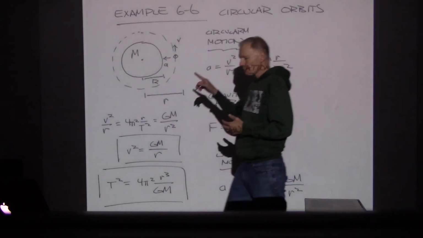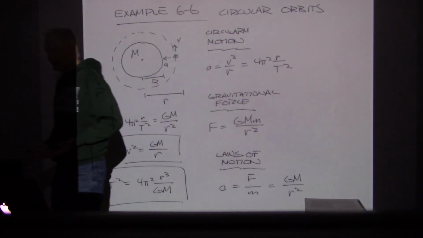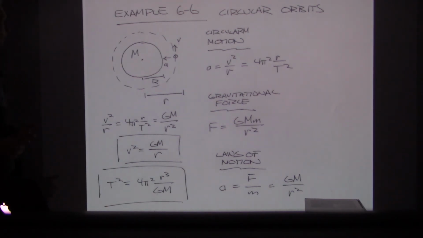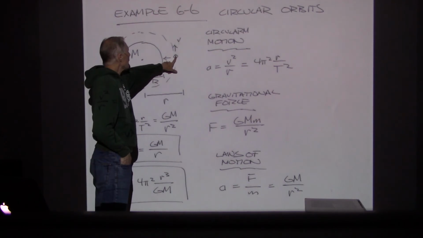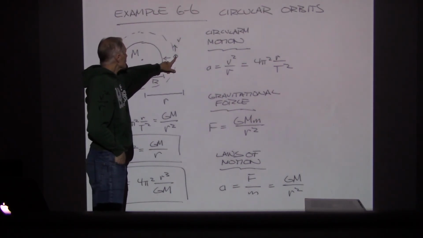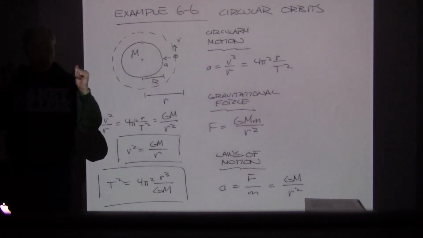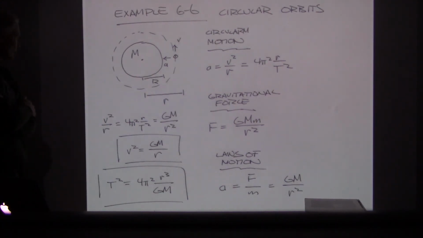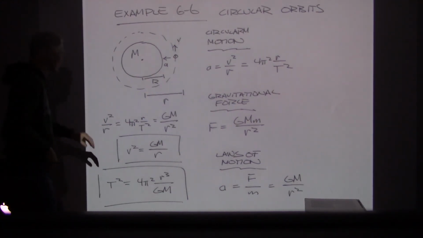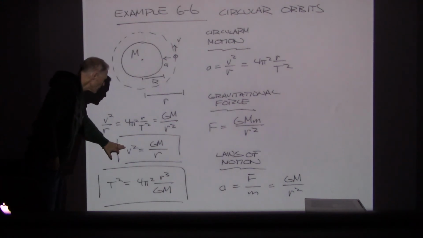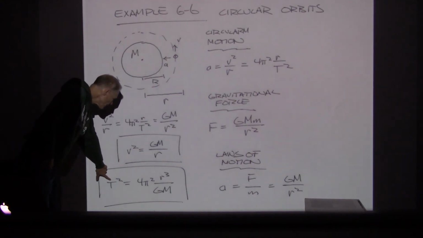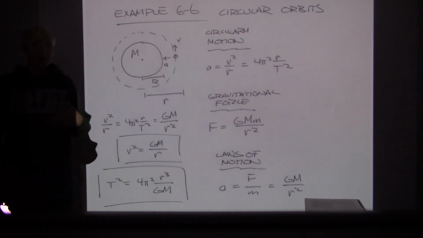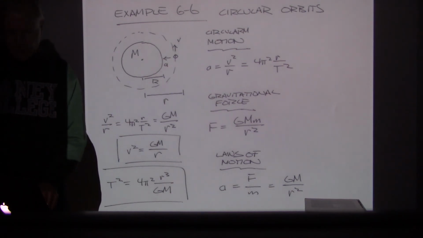So it's the gravitational field of the Earth at this location that creates the force acting on that object. Okay, so these are handy formulas. These are the formulas we want to use. This one we can go in and calculate velocities based on radius of the orbit. This one we can calculate the period, you know, how long will the orbit take.